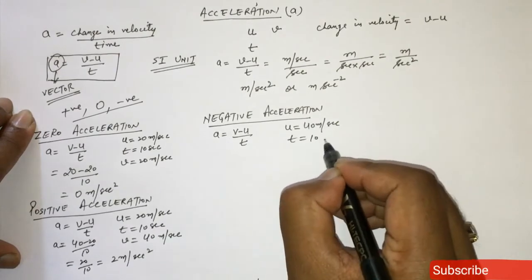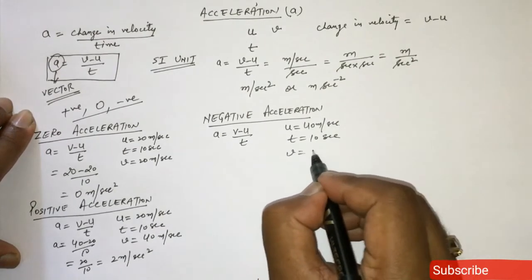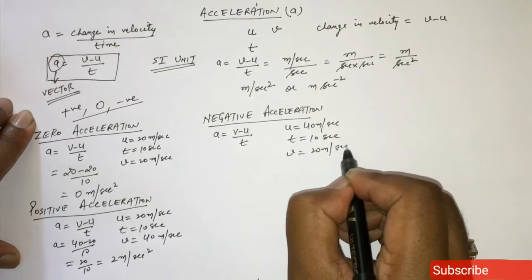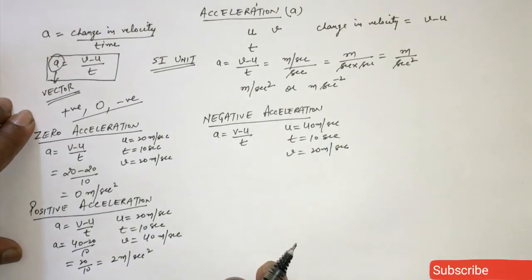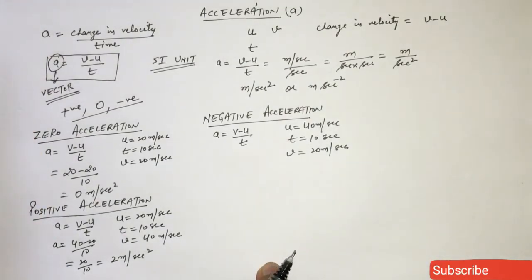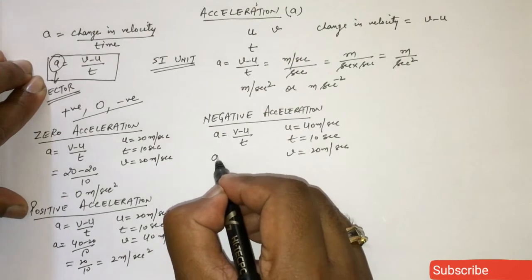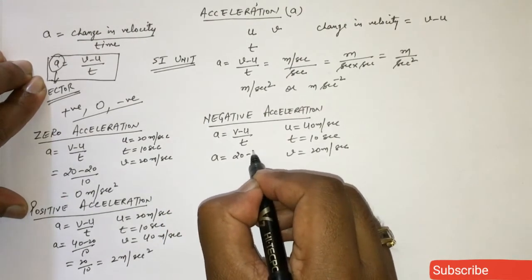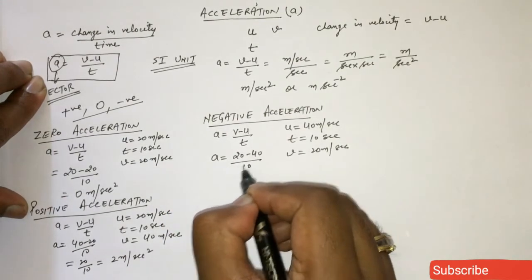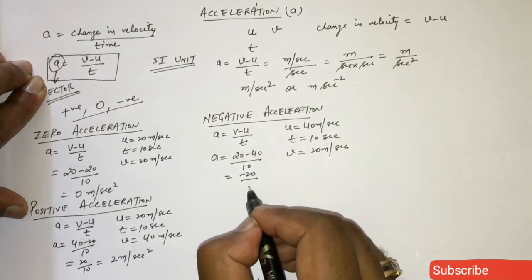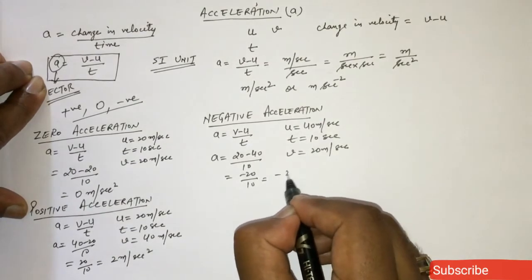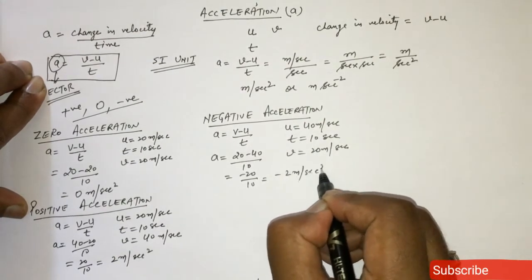After time 10 seconds, its velocity becomes 20 meter per second. Means in this case, brakes are applied. Fine. Means the final velocity decreases. So in this case, A becomes 20 minus 40 upon 10, means minus 20 upon 10 is equals to minus 2 meter per second square.